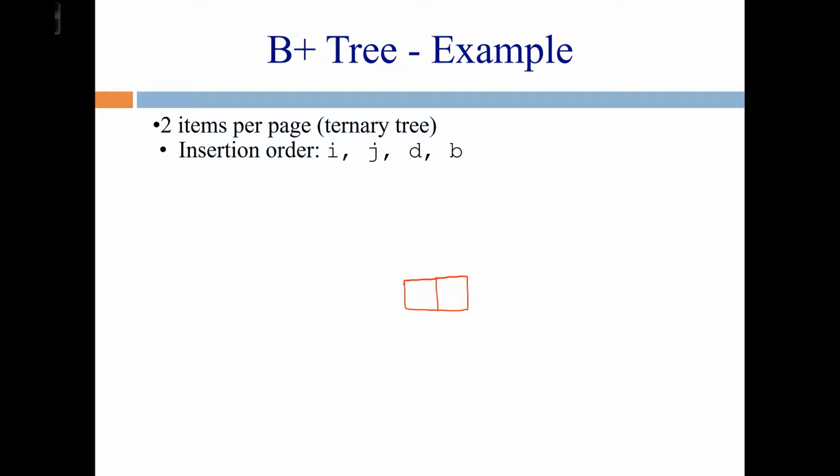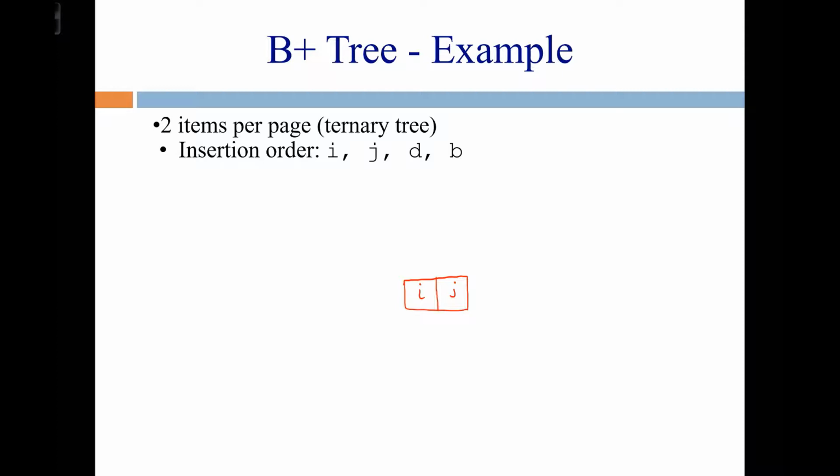Let's add I. So we can just put it there since the page has enough room for it. Now we can add J, and we have enough room for it, so we can just put it there. And we don't have any child pointers or anything like that because it's a root node and a leaf node at the same time. So we don't need any pointers coming down off of it. We will add pointers and turn it into a more interesting tree as needed.